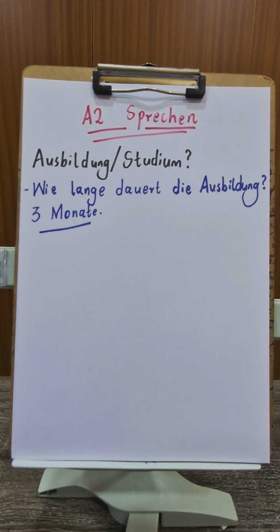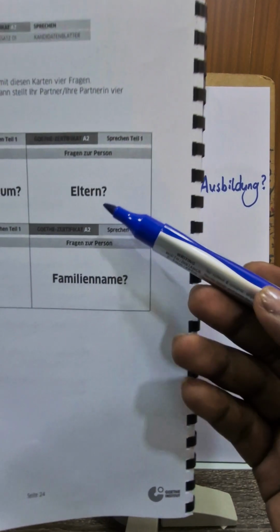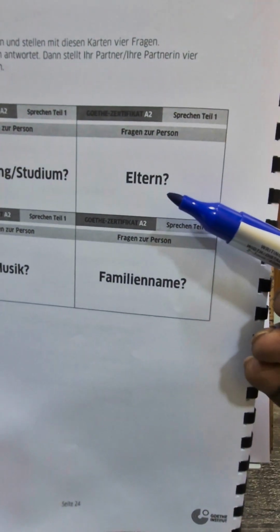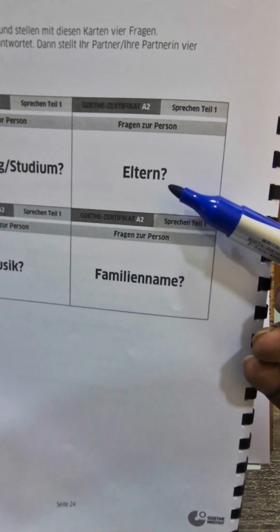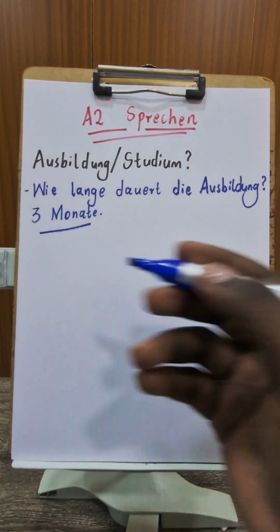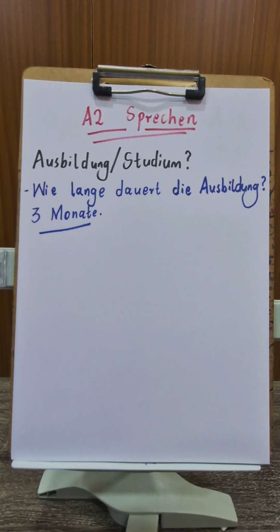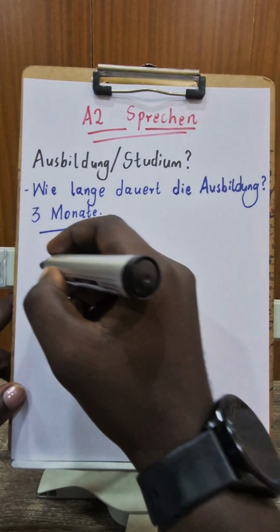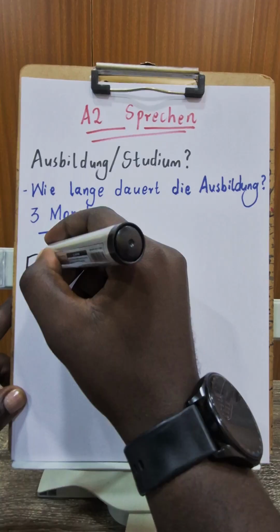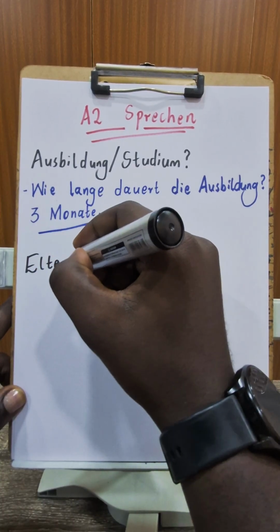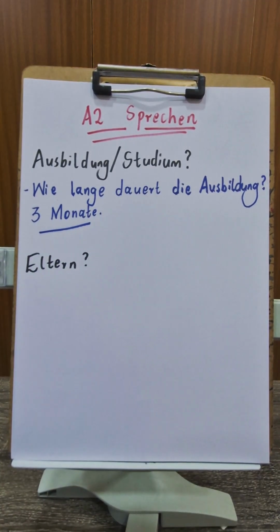How about the other one? The next one I've been given is Eltern, parents. I could ask you, where do your parents live? Eltern, as you know, is plural. So, where do your parents live?